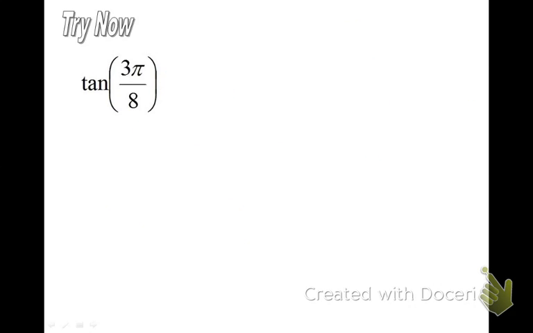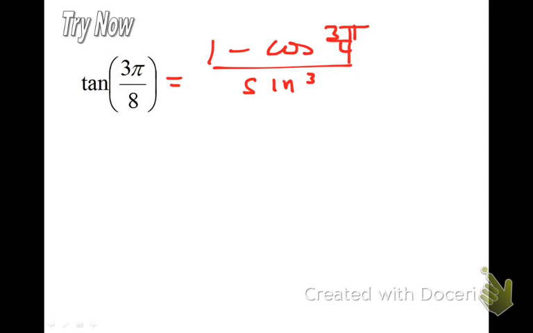Tangent, there are 3 different formulas you could pick for tangent. I tend to like the one where you have only the one thing in the denominator. 3 pi over 8 is half of 3 pi over 4. So I'm going to use the equation of 1 minus cosine 3 pi over 4 over the sine 3 pi over 4. Cosine at 3 pi over 4 is negative 1 over root 2.